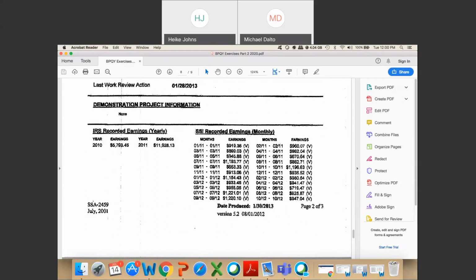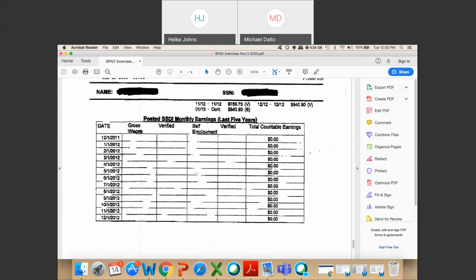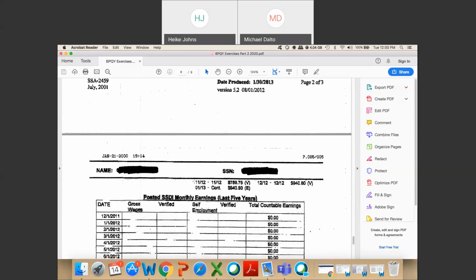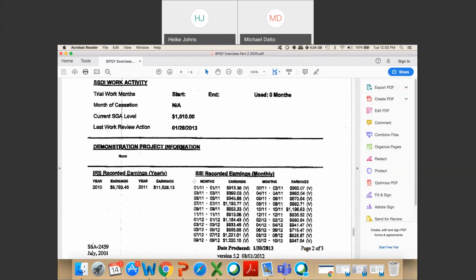See, SSI recorded earnings monthly are shown, but for posted SSDI monthly earnings, no data entered at all. Countable earnings and gross wages don't appear at all in there.